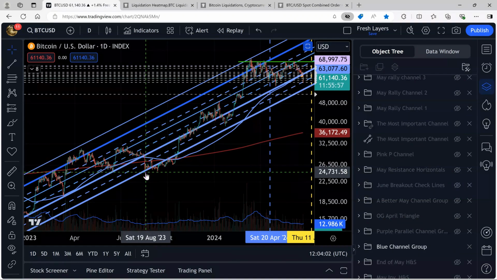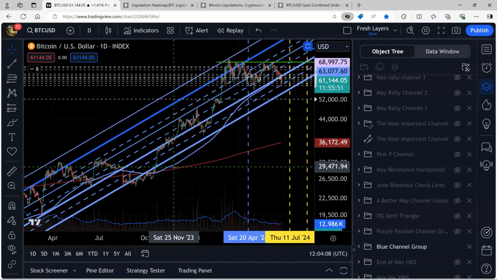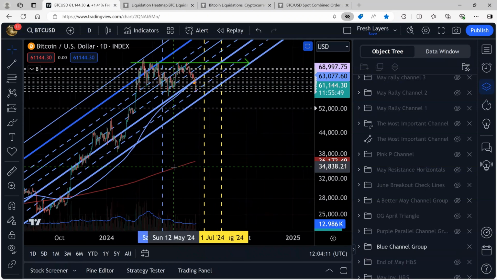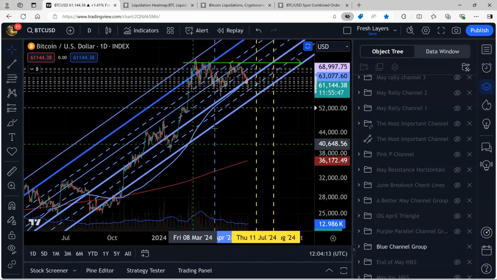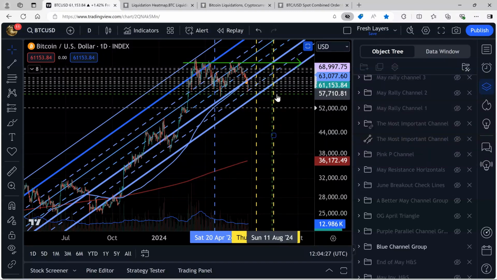And this was from August 17th to October 3rd, about 2 months. So we come down here, June 24th, July 24th, August 24th.